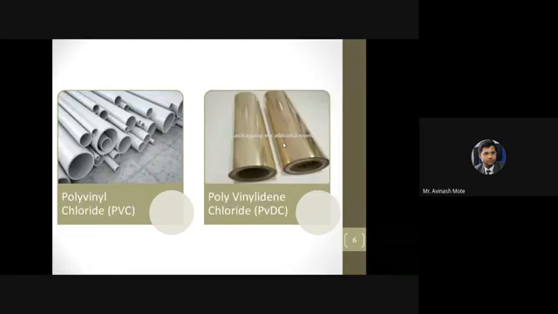Next is a very well-known application. Your pipes, you will find this type anywhere in your home also, for carrying water, or in industry for carrying oil, chemicals, anything. The name itself is PVC pipe. We know about polyvinyl chloride. It is a plastic, so it is known as PVC pipe.